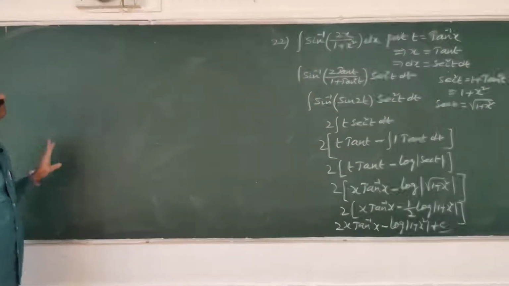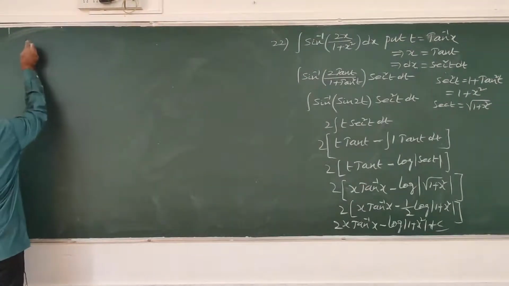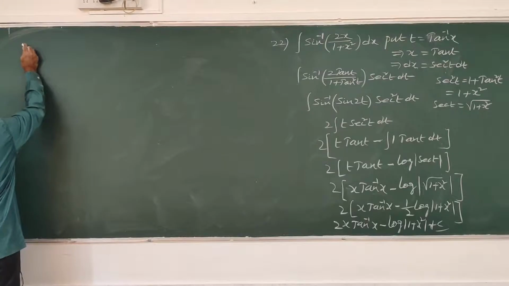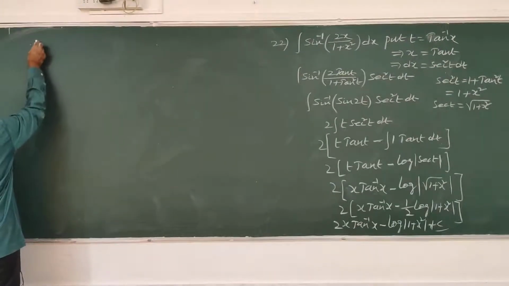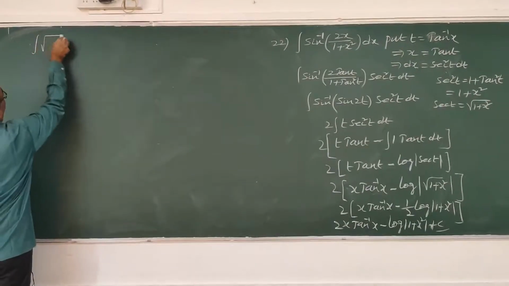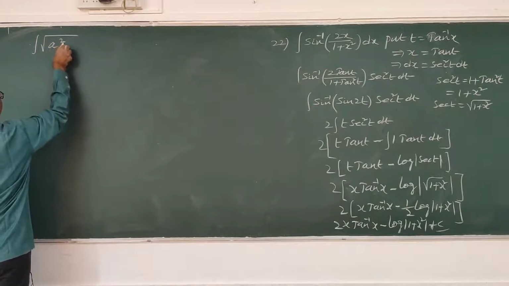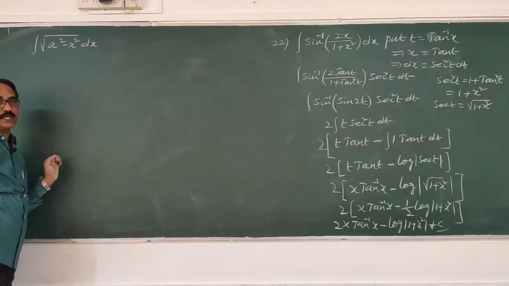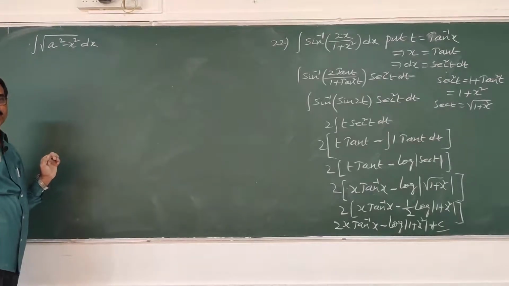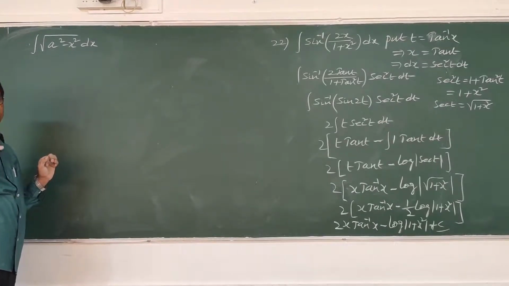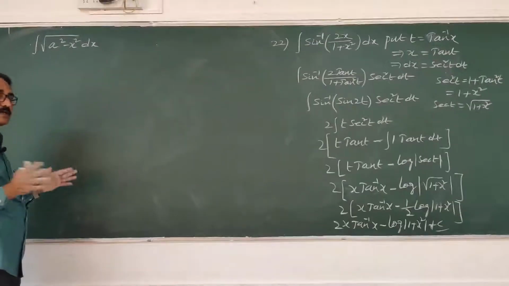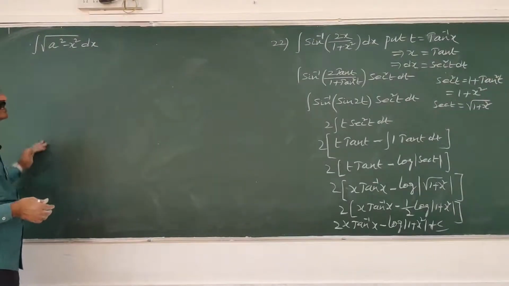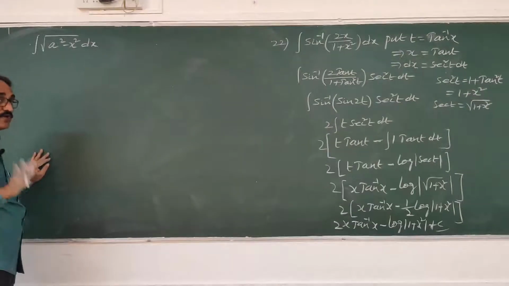Now this one is integral of root of a square minus x square dx, the last like this. These are all 5 marks. 3 problems will be there in this: root of a square minus x square, root of x square minus a square, root of a square plus x square. If you do these 3, you are over. Generally they will give these for 5 marks.